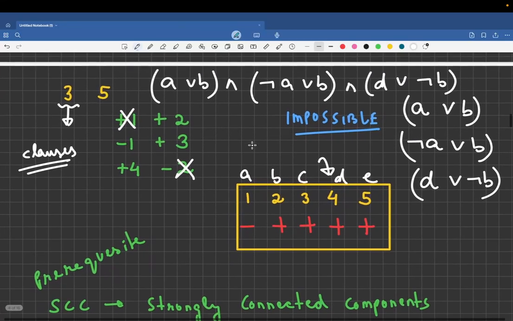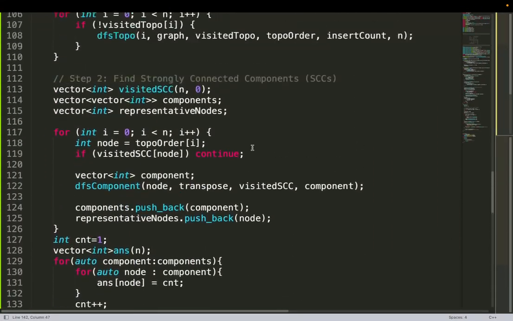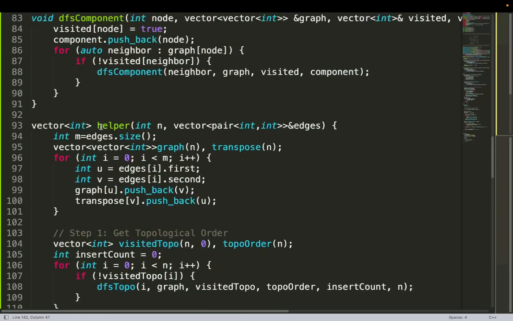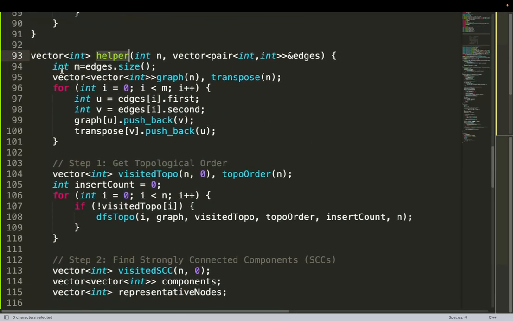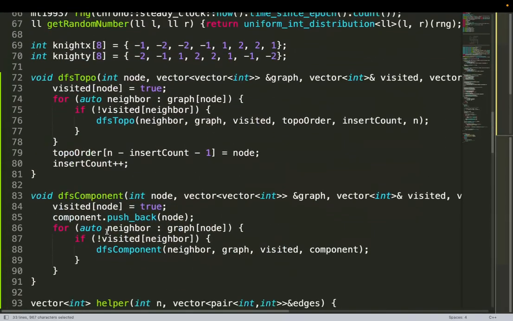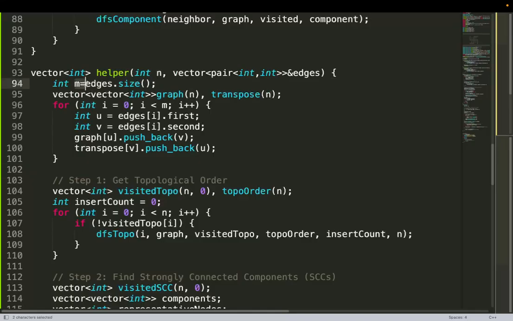So let's see the code for this. You will understand the things better from there. Before solving the code, this is the helper function I have for finding the strongly connected components and returning the component number. In this code, n is the number of nodes, m is the number of edges.